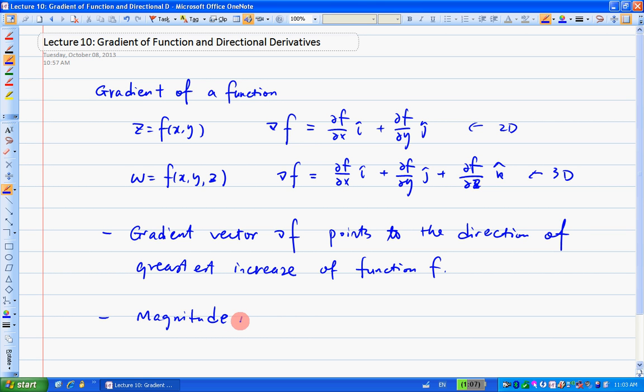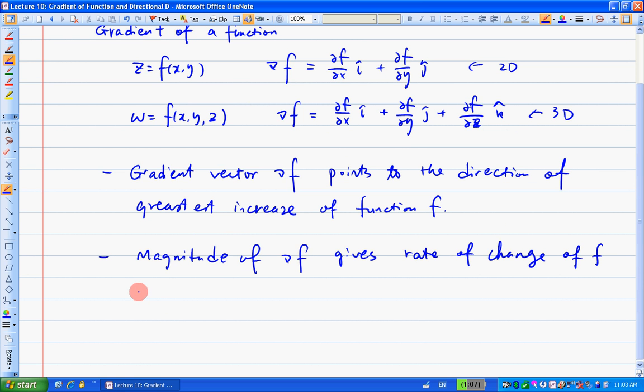And second of all, the magnitude of this del f gives the rate of change of f when moving in the direction of del f.